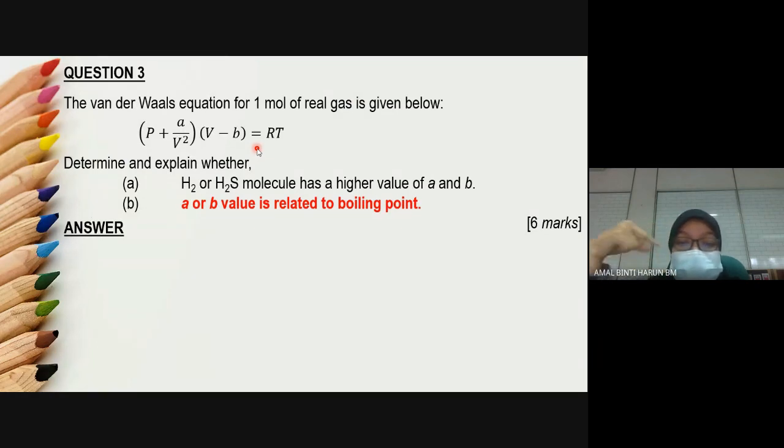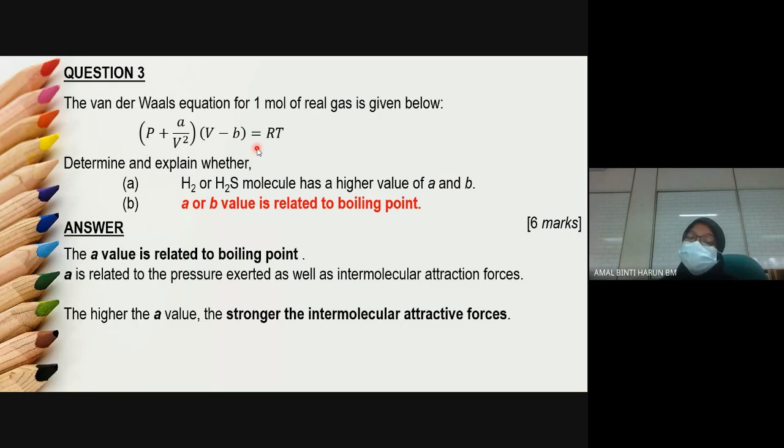You have to read again, revise the kinetic molecular theory assumptions. You assume there are no intermolecular forces and no volume of the gas particles, or it is so small it can be neglected.